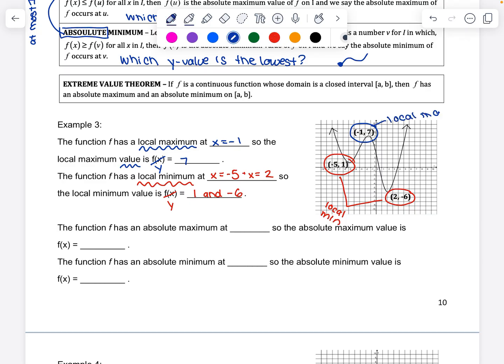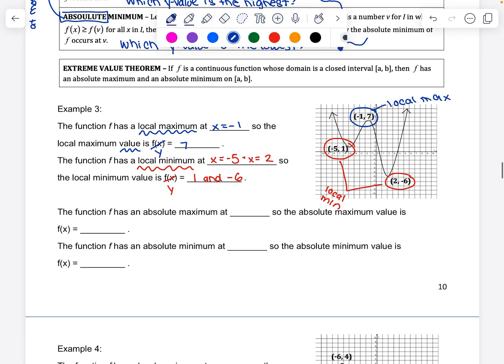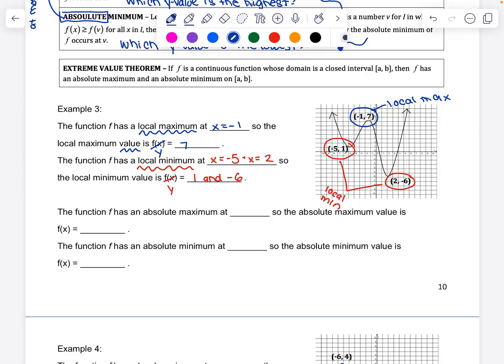Okay, now let's talk about absolute. We're going to go ahead and talk about our absolute maximum, actually, let's talk about the absolute minimum first. So the absolute minimum is located at -5, 1 and 2, -6. Those are the two local mins.